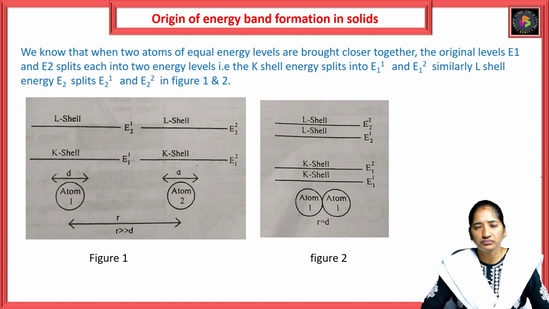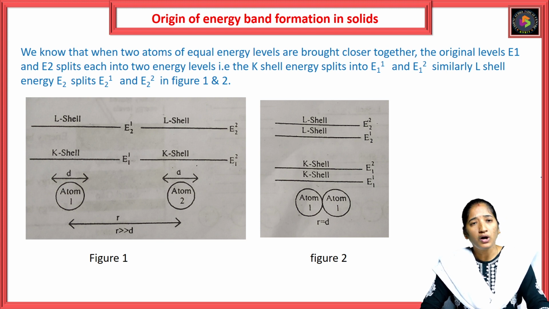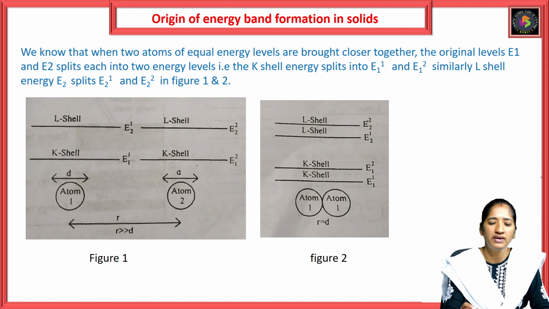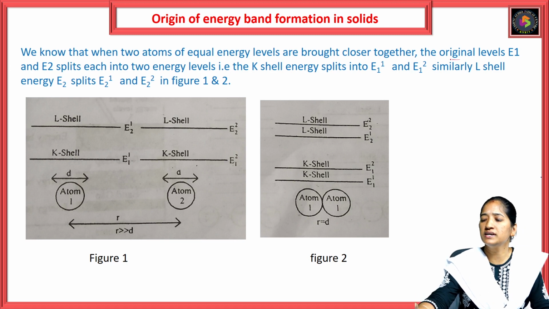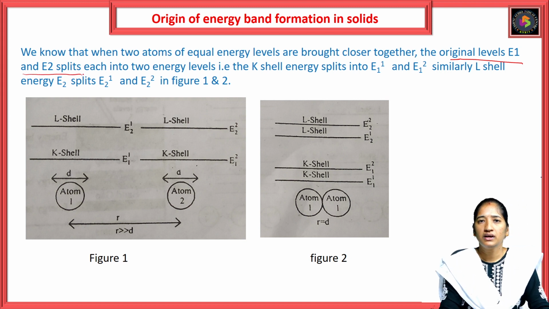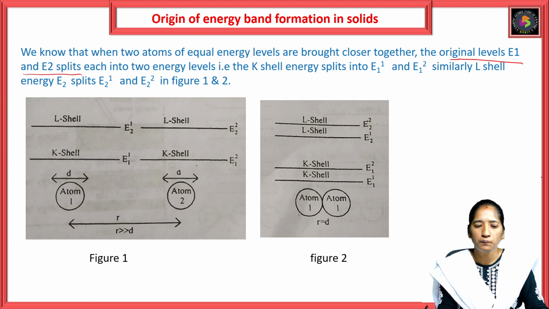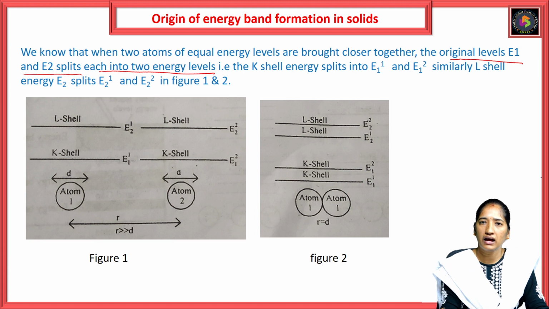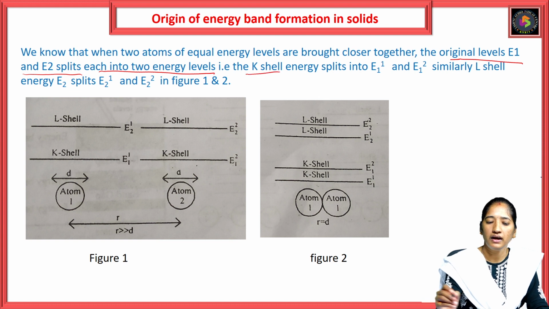We know that when two atoms having equal energy levels are brought close together, the original levels E1 and E2 are affected. Each atom has two energy levels, that is, the K shell and the L shell.